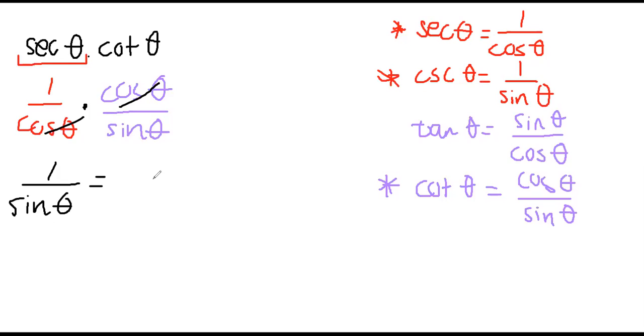So the result for this expression is going to be cosecant of theta. And we're done with the second example. The key in this exercise is to remember the fundamental identities and how to apply them.